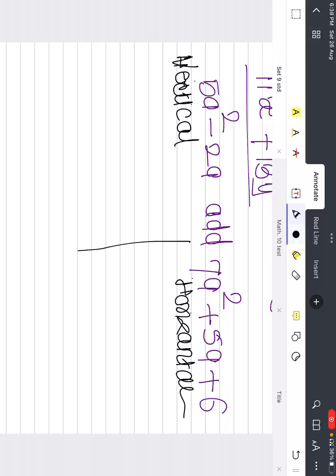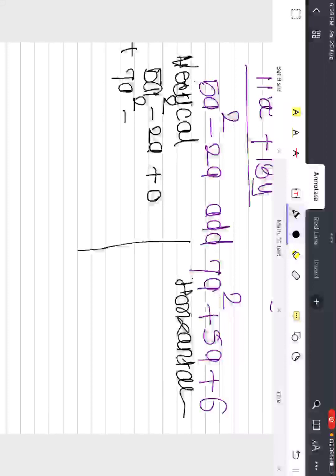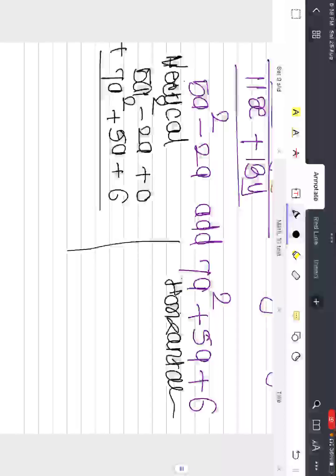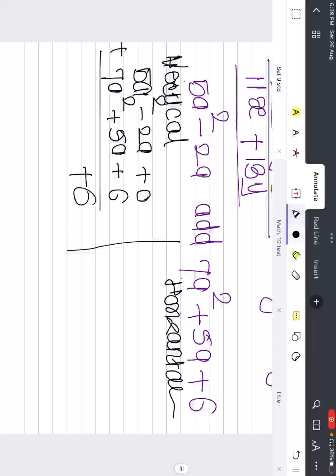In this case, for the first example, write 5a square minus 2a vertically. The constant is missing, so write down 0. Plus 7a square plus 5a plus 6. Now simplify this: 0 plus 6, 6. Now 2a and 5a, we have to add these two terms.